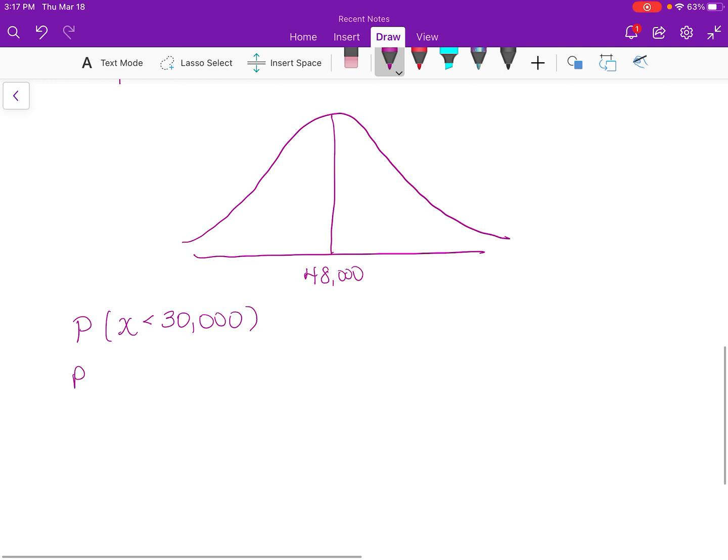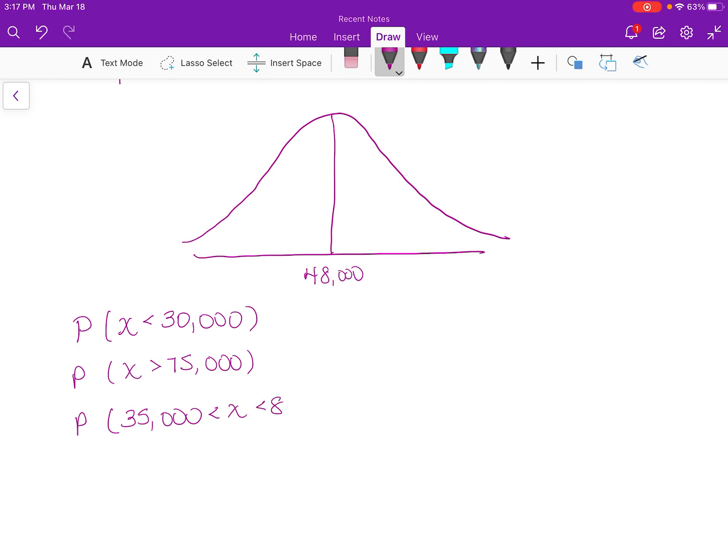I want to look at the probability of finding a salary that is greater than 75,000. And I want to look at the probability of having a salary that is between 35,000 and 80,000.